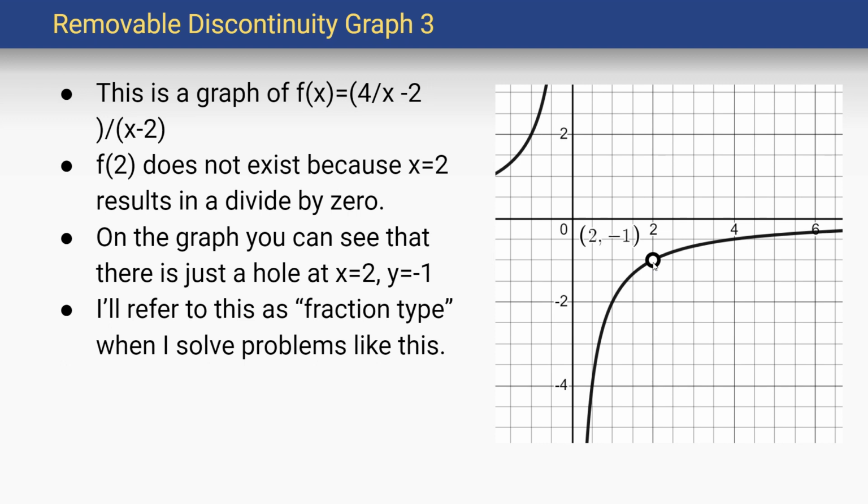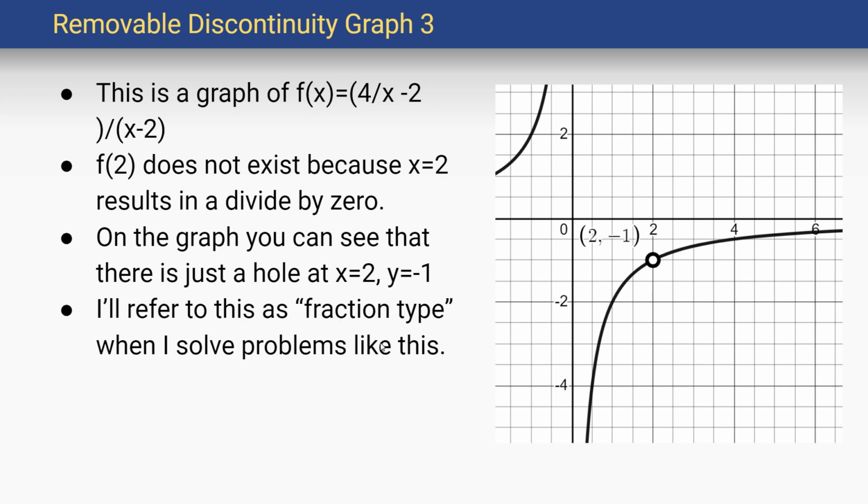Now this graph has other things going on, like a vertical asymptote, but we're not looking at that. We're looking at removable discontinuities, which are just holes. So you see this hole at x equals 2. That's a removable discontinuity. And I'm going to call problems with this type of issue fraction type.